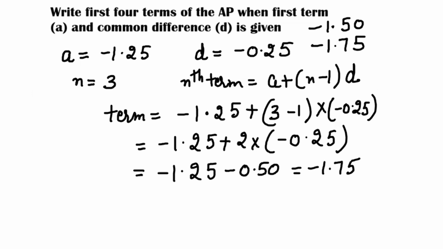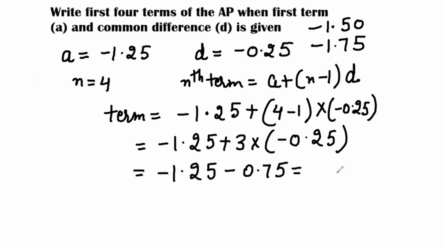Similarly, we'll find the fourth term. You also try to find the fourth term quickly, and we'll see whether your answer matches mine. Let's start. In place of n, I'll write 4. You also write 4. 4 minus 1 is 3, and 3 into minus 0.25 gives me minus 0.75.